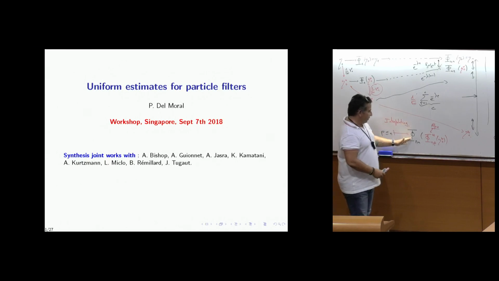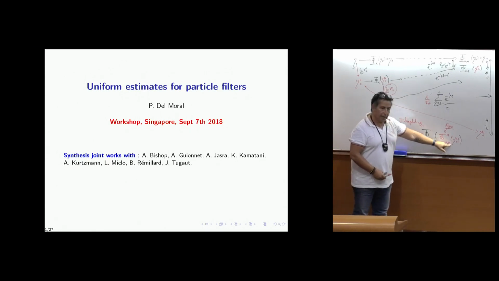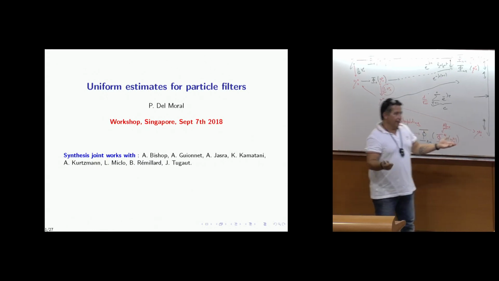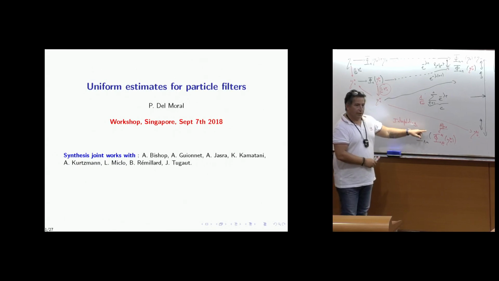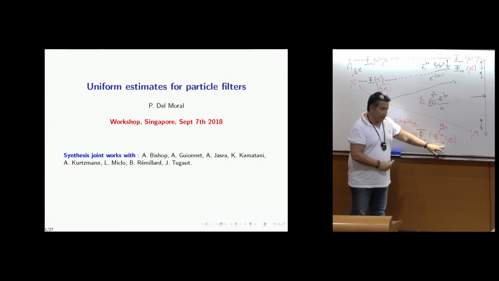We can do the same in continuous time. You write time s, time t, time 0, time s, and you need to compute the derivatives. Because when you look at the evolution in time of this, discrete time is another story, but in continuous time, you need to make the derivative in time here. So this one is okay. And the derivative in time here.